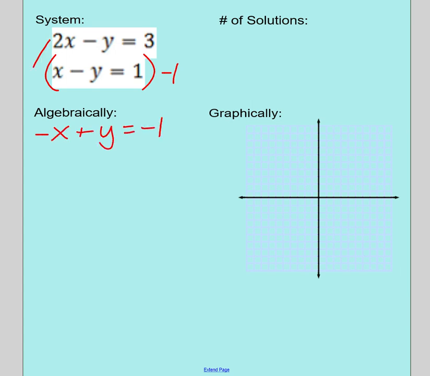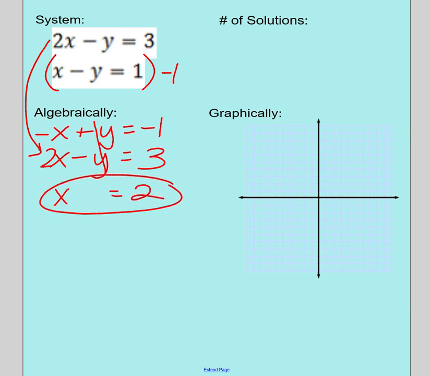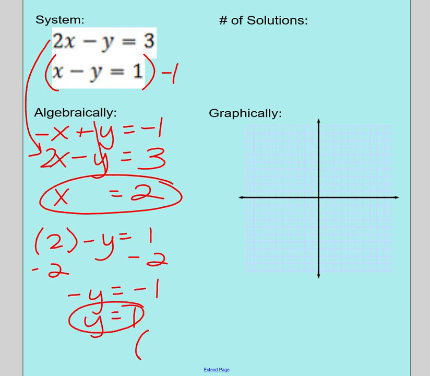I'm just going to recopy this top equation. And when I use elimination, I add these, the y's cancel, and I get x is equal to 2, right? If x equals 2, I go back and plug into one of the equations and solve for y. So I have -y is equal to -1, therefore y is equal to 1.